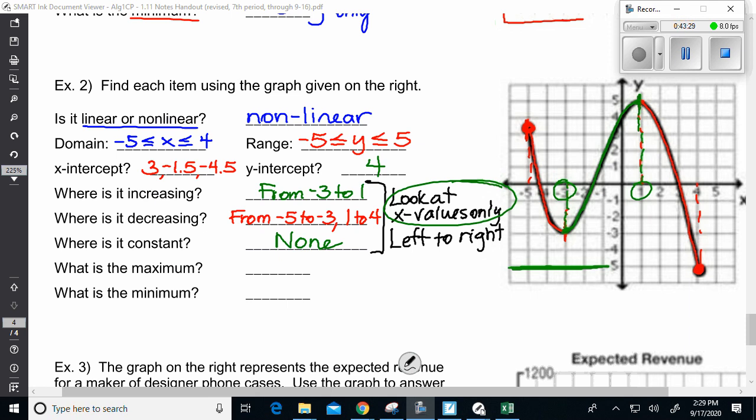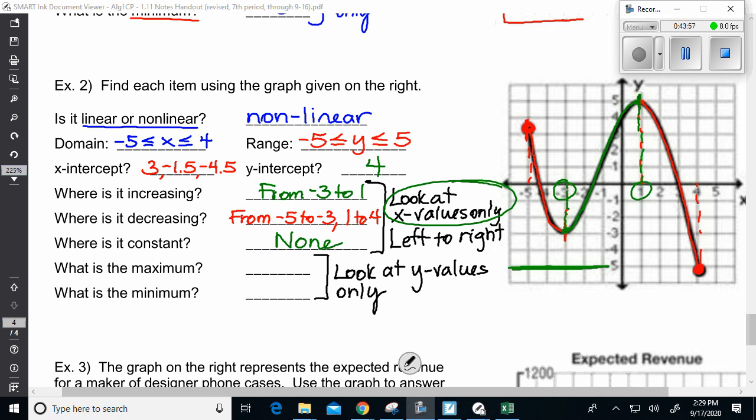Alright, time to wrap this part up. Maximum and minimum, you look at the y values only. So, what is the biggest y value that this graph touches?